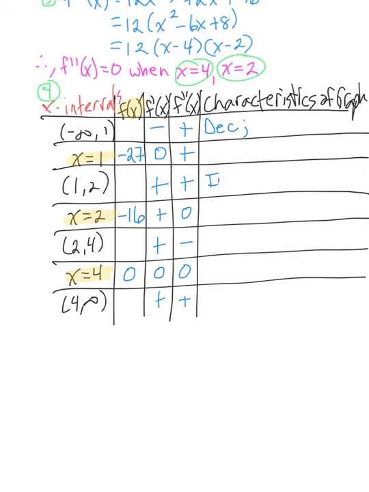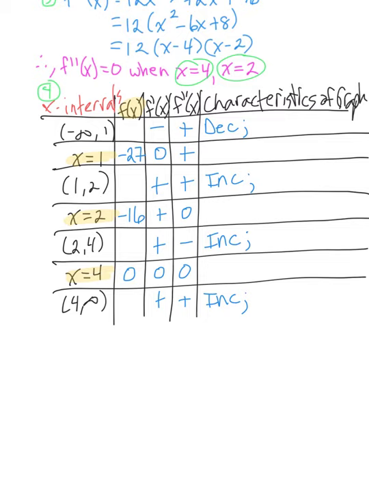Then I have increasing for this one. And for the next interval, we are increasing. I guess I should put a little semicolon there. And then increasing. So I totally skipped the x equals ones. We'll come back to those because they're either relative max, relative min, or points of inflection.